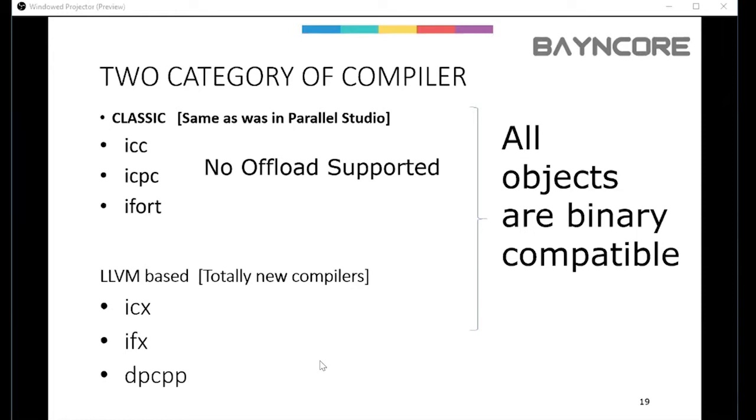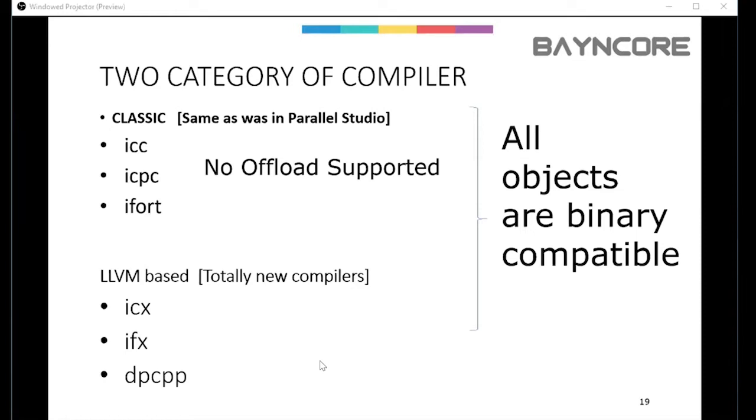The new compilers that come with oneAPI are LLVM based, and those have got a subtly different name. They've got X at the end in the case of the C and the Fortran compilers, and then there's a completely new compiler, the Data Parallel C++ compiler. The thing about these compilers, all six of them, is that they're all binary compatible.